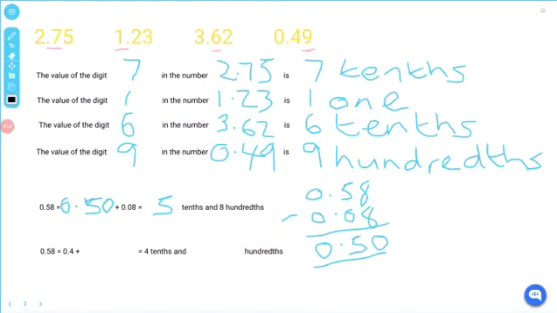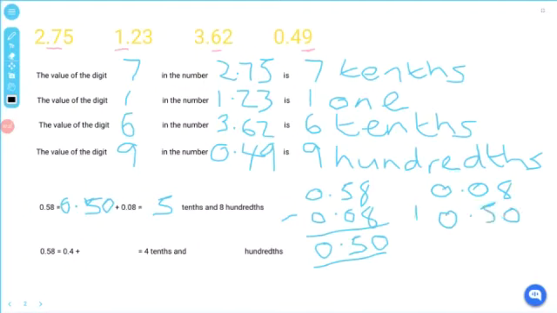Okay, so we can put that we have 5 tenths and 8 hundredths. Okay, so if we just put our noughts in, it makes it easier for us to subtract and see it a bit clearer. Before we do that, what we're going to do is add our 0.08 to our 0.50.